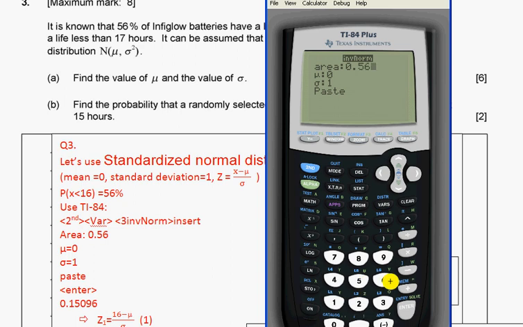The total probability is 1 and this probability is 0.56. Then we use standard, so mu equals 0, sigma equals 1, and we are looking for z value, z1, let's say. We press enter several times and this is the value, and I copied it with 5 significant figures, actually 4 is enough. So finished with z1.